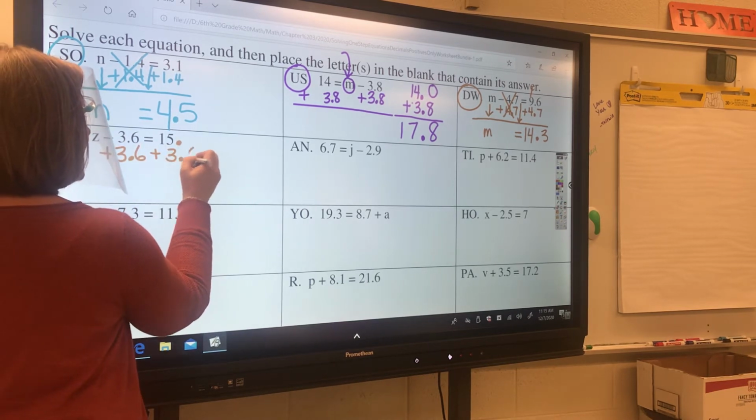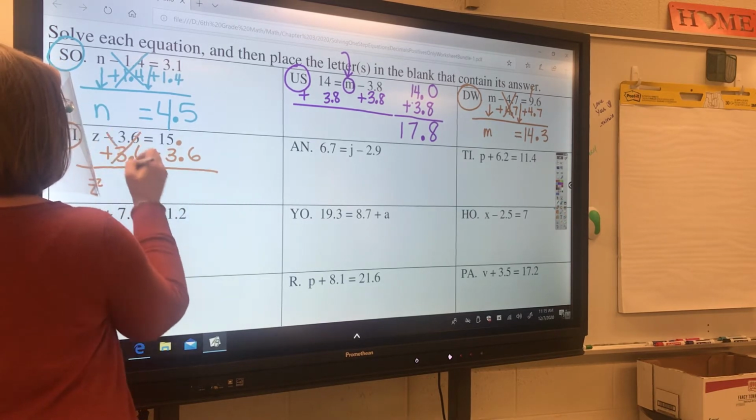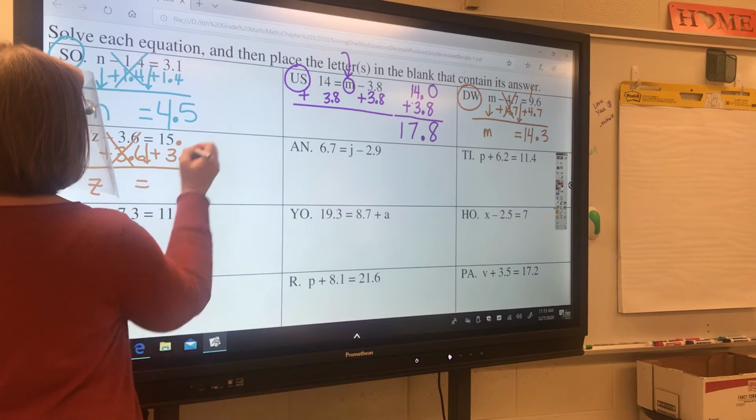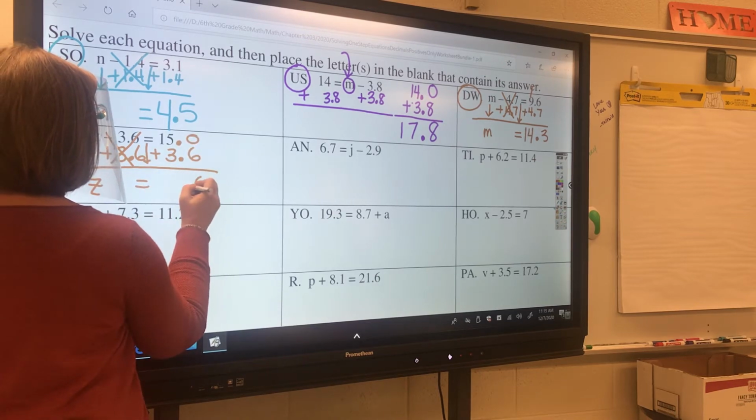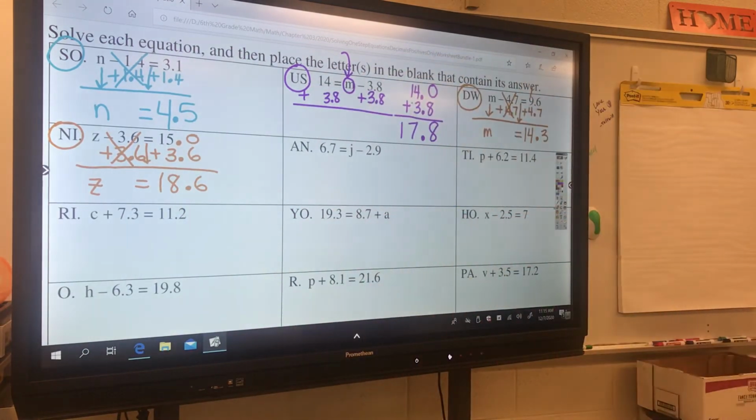So what are you going to have to add to 15? A 0. You should get 18 and 6/10. You need to add a decimal and a 0 for 15. No, you need a decimal at the back.